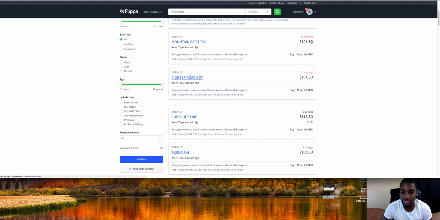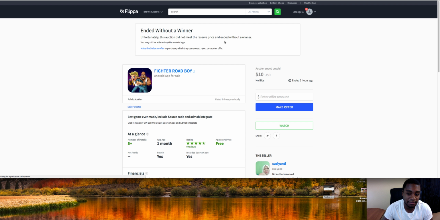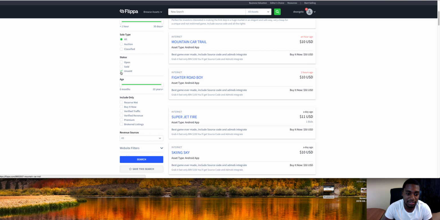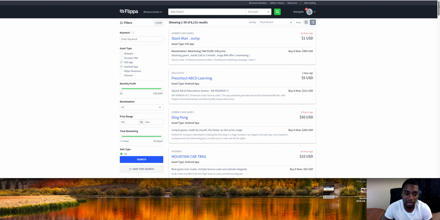So yeah, that is pretty much it on how you guys can get some super good deals. Now, the reason why I am focusing on buying apps now is because I'm mainly starting to focus on straight up white hat stuff.